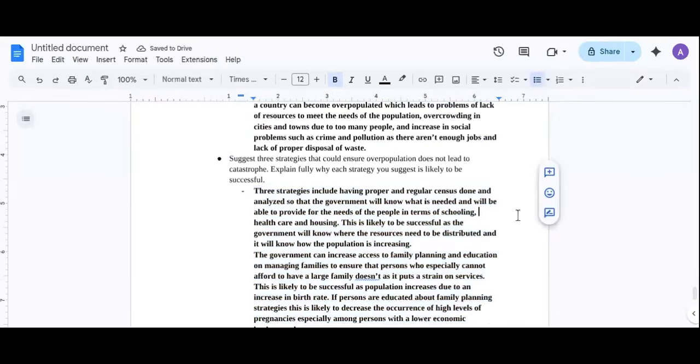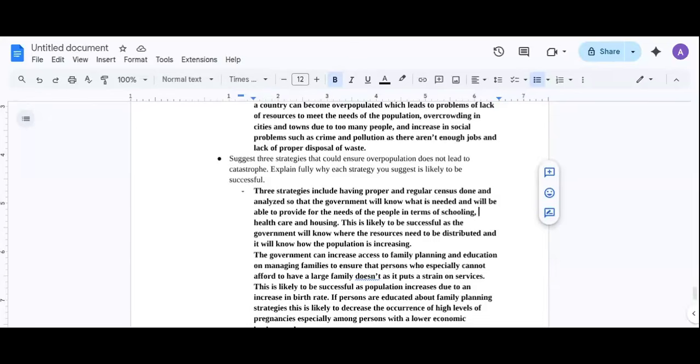The 3 strategies include having proper and regular census done and analyzed so that the government will know what is needed and what will be able to provide for the needs of the people in terms of schooling, healthcare, and housing. This is likely to be successful as the government will know where the resources need to be distributed and it will know how the population is increasing.